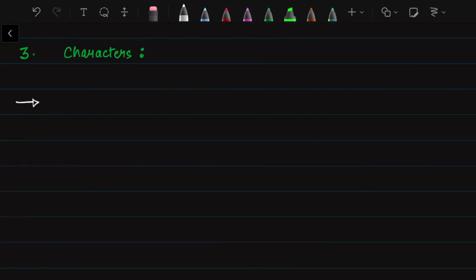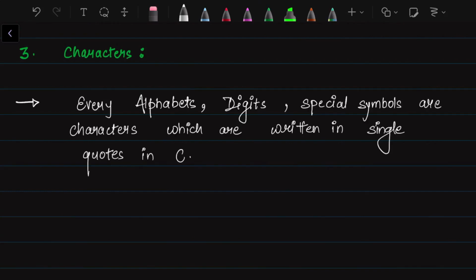Let's talk about the third type, character literals. Every alphabet, digit, and special symbol is a character, which is written in single quotes in C. Let me give you some examples.